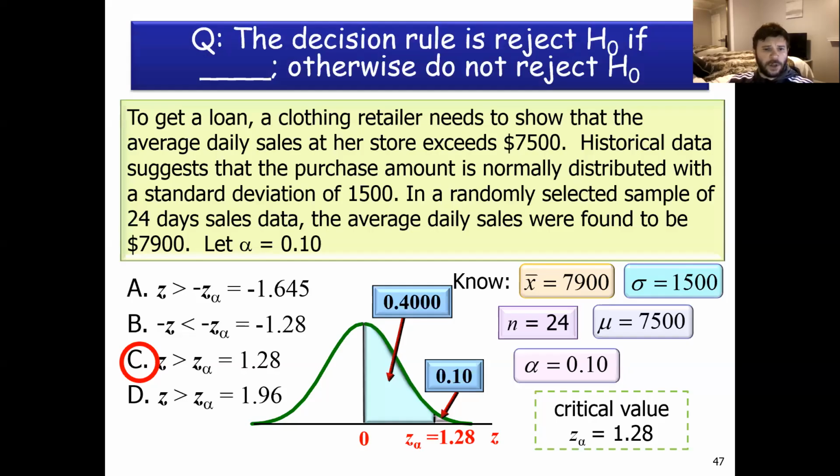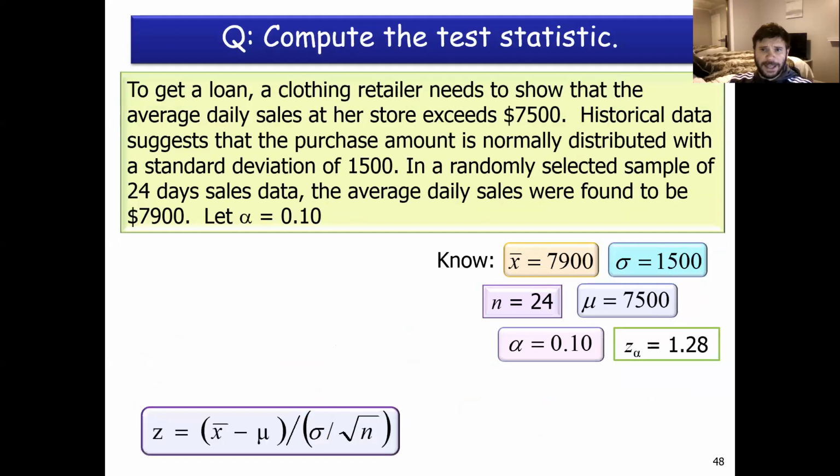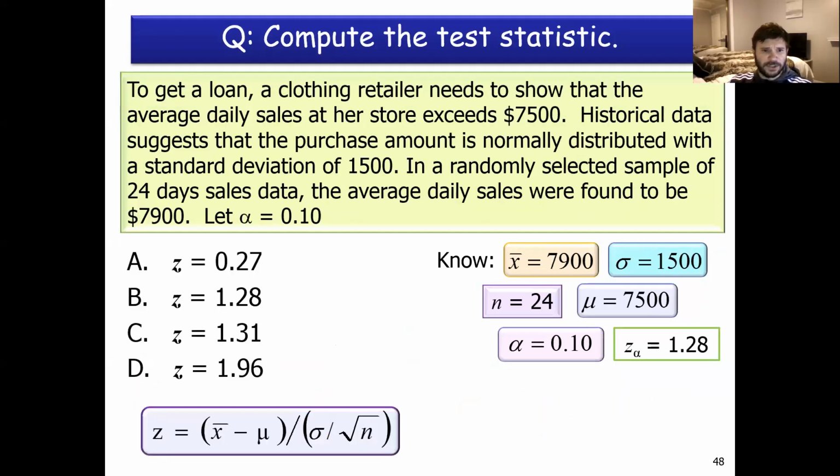Okay, moving along in the same problem, let's compute the test statistic now associated with a sample mean of 7,900. So if our sample mean x bar is 7,900, we're just going to use our z transformation, plugging in x bar, mu, sigma, and n into that formula.